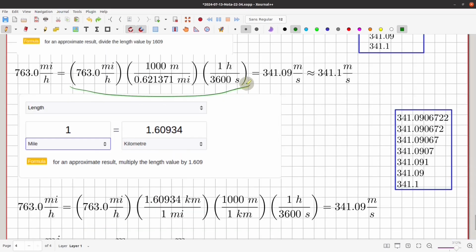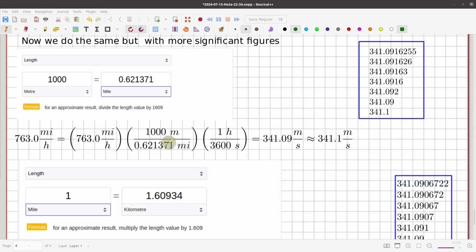The setup is the same as before, but we will use our new, more precise conversion factors. Performing the calculation with this new factor, my calculator displays a result of 341.091625, taking all digits that appear in it.